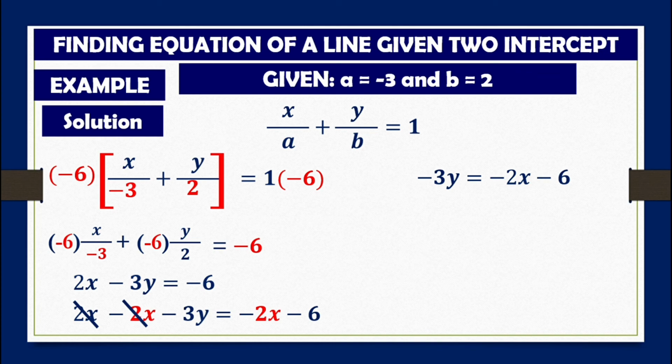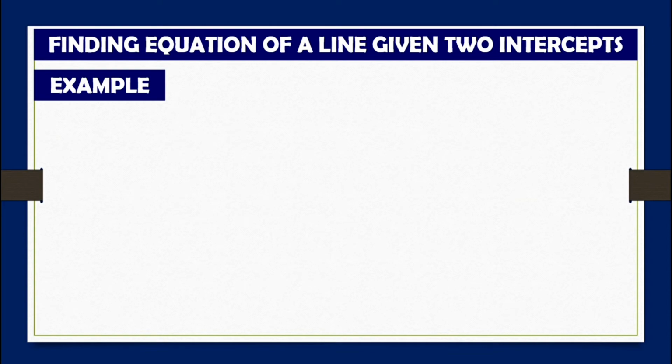Here, our y has a numerical coefficient of negative 3, so we will get rid of it using the division property of equality by dividing both sides by negative 3. Therefore, we can cancel out negative 3 in the coefficient of y, leaving the equation y equals 2/3 x plus 2. Let us have our third example.